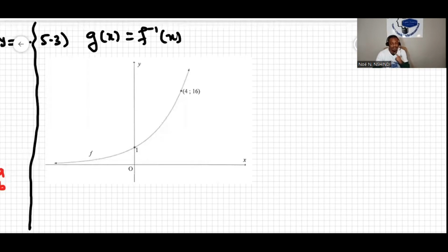We found that g of x is just log of x base 2. To do the graph of this, we need to find the intercepts. This is y equal to log of x base 2.